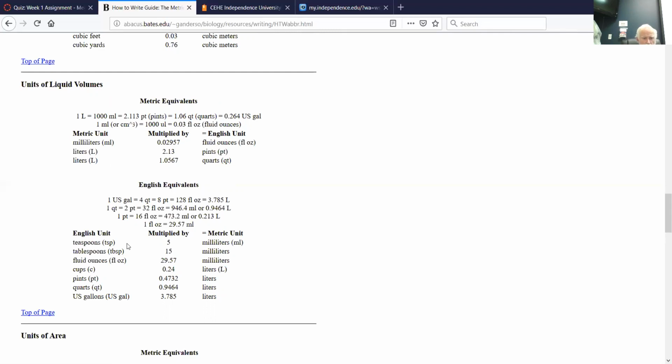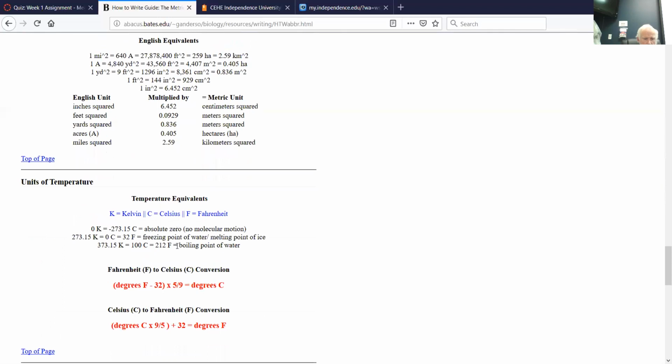A teaspoon is 5 milliliters. In general, if it's a liquid that is not really syrupy, it'll weigh approximately 5 grams. So there's all of those equivalents.